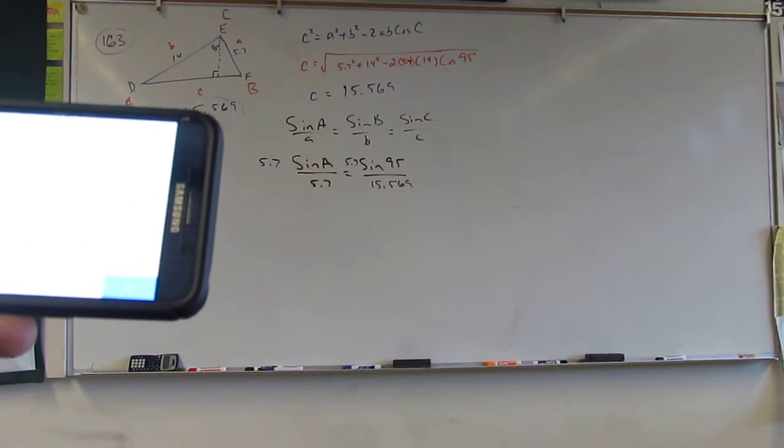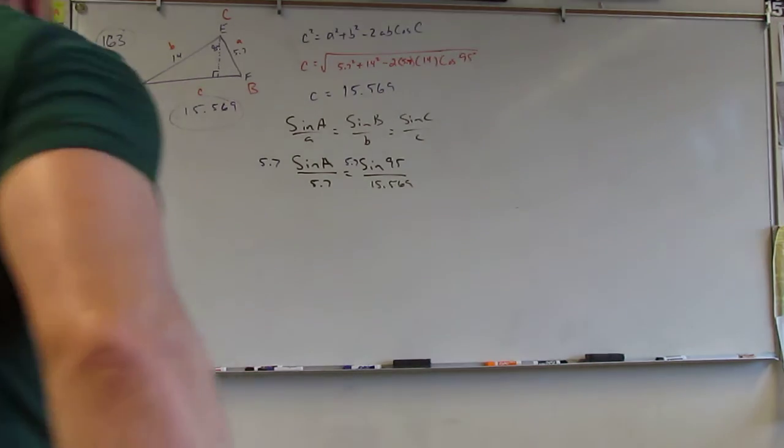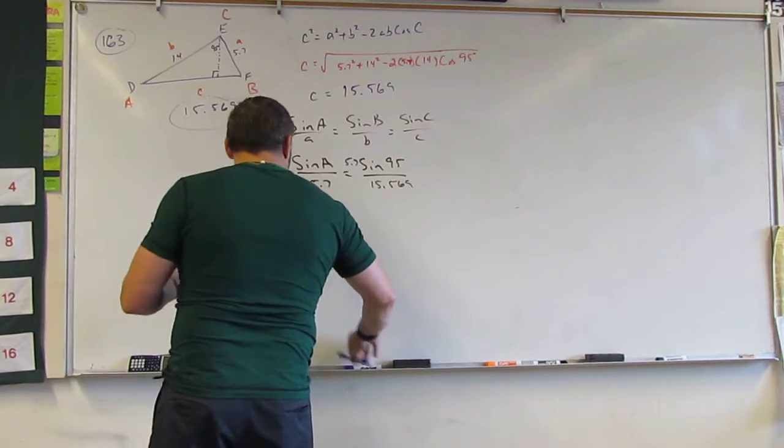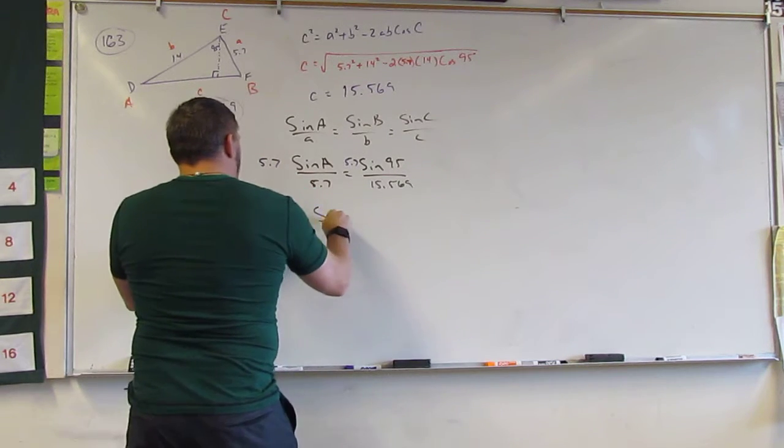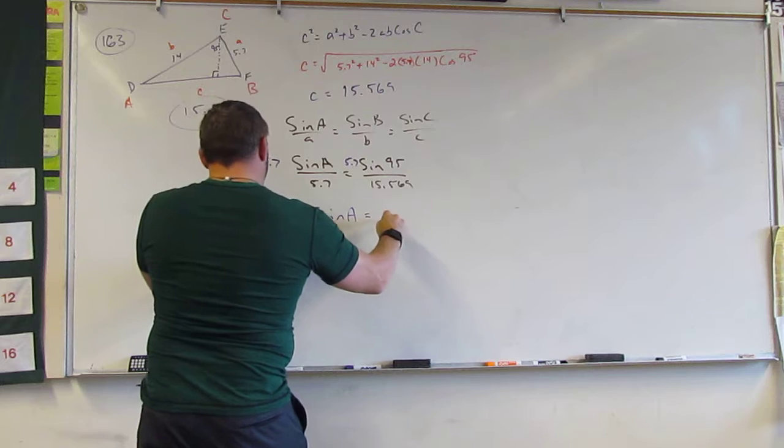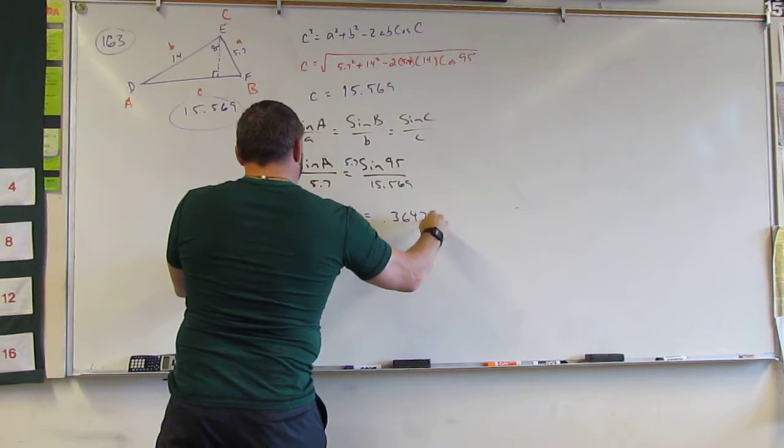I get 0.3647. So the sine of A is equal to 0.3647.